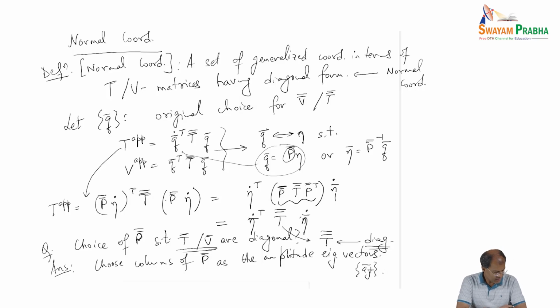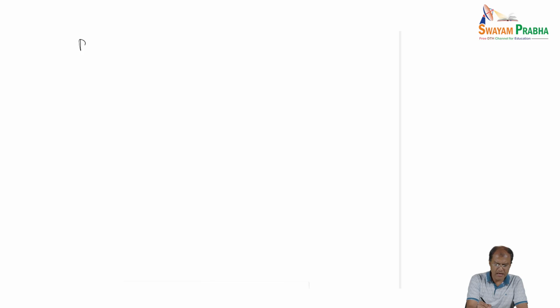Okay, so then let me rewrite. My matrix P is A1, A2, A3, up to AN.